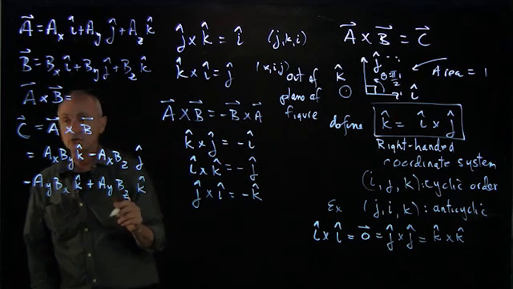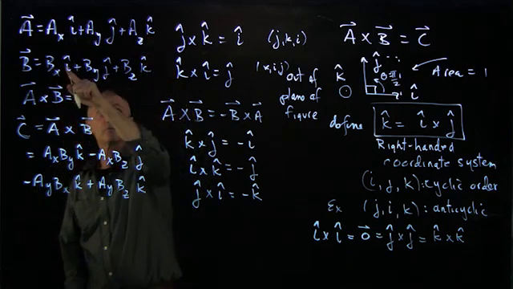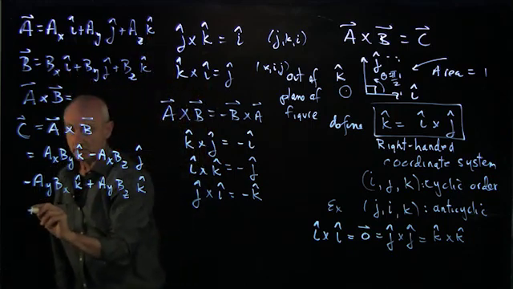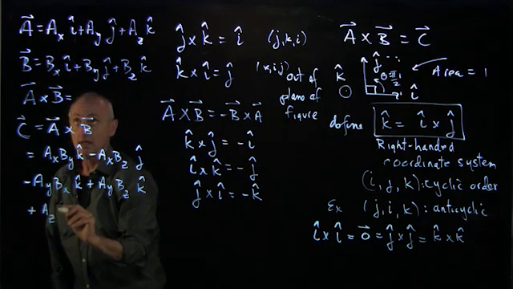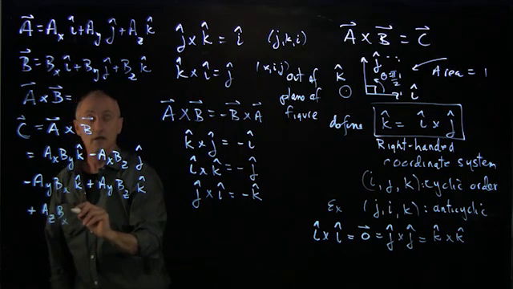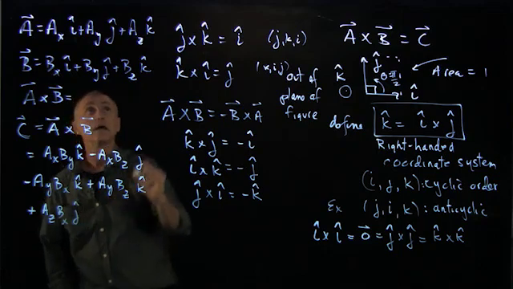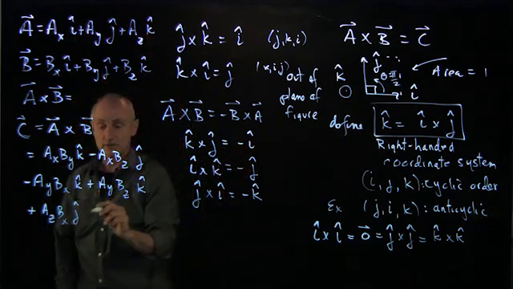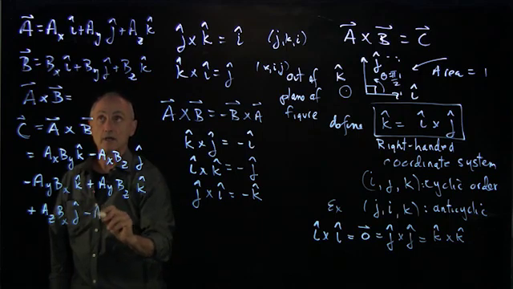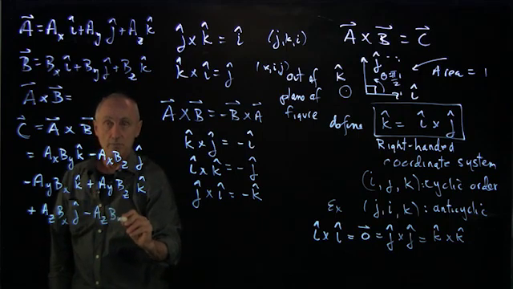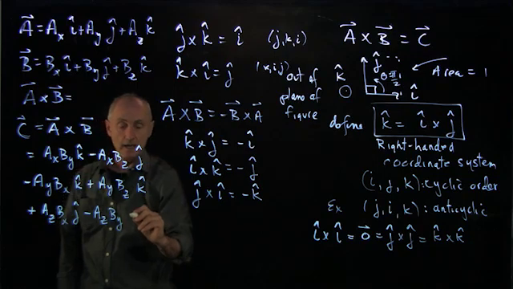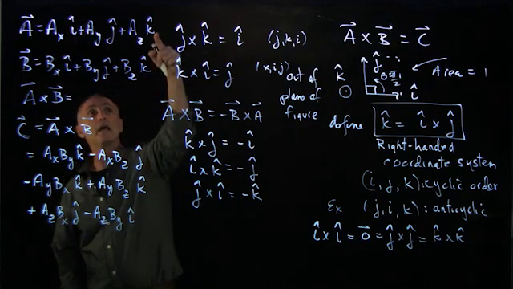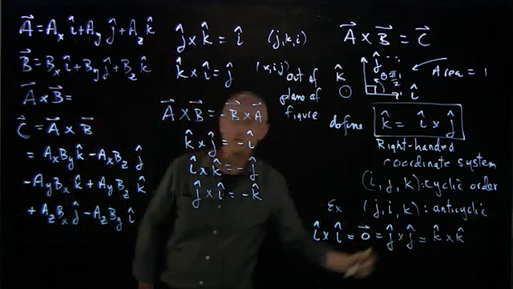And now we have our last two terms. k hat cross i hat, that's cyclic, so that's plus az bx j hat. k hat cross j hat, that's anticyclic, so there's a minus i hat, so it's minus az by i hat. And finally, k hat cross k hat, well, that's also 0.